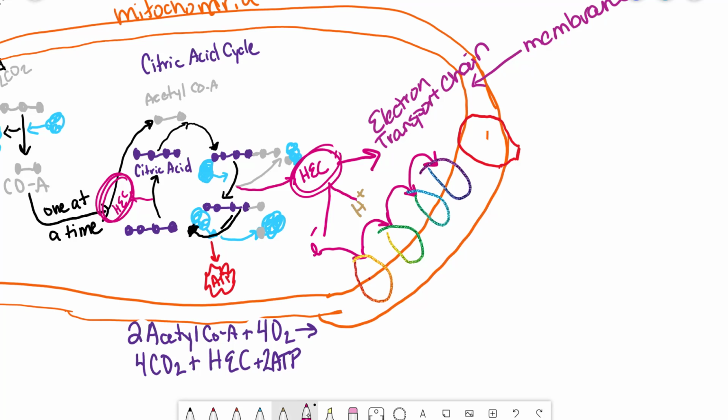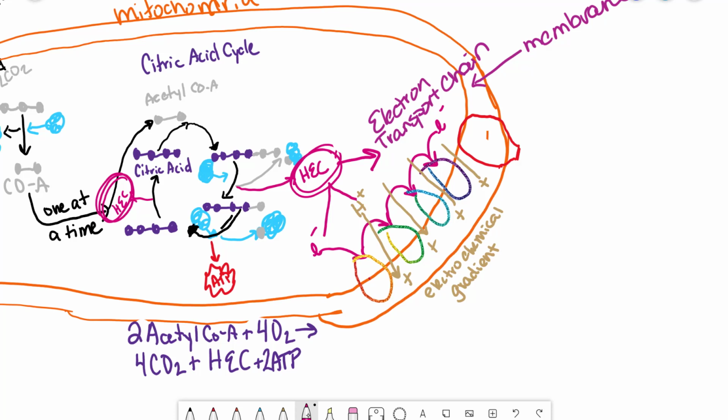And as that happens, we are going to pump all these hydrogen ions into this mitochondrial space. All right, so now what we've created is an electrochemical gradient of hydrogen ions.